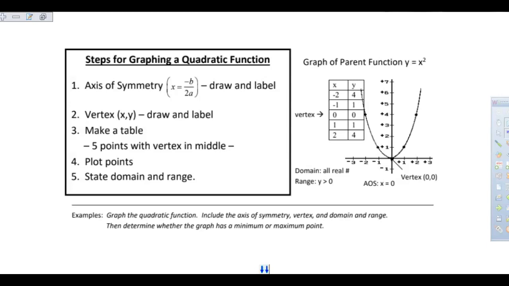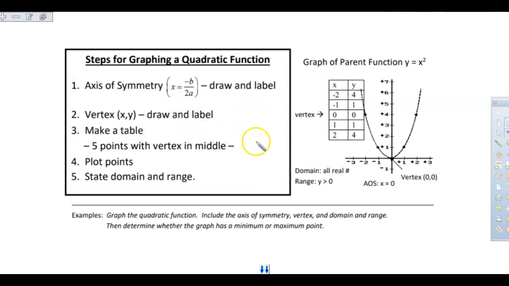Steps for graphing a quadratic function. The axis of symmetry is x, so you can use this formula. The vertex is x and y. Once you find x, you can find y. You can make a table with 5 points minimum with the vertex in the middle. I usually start with -2 and work up to +2, but sometimes you have to start at a different place.